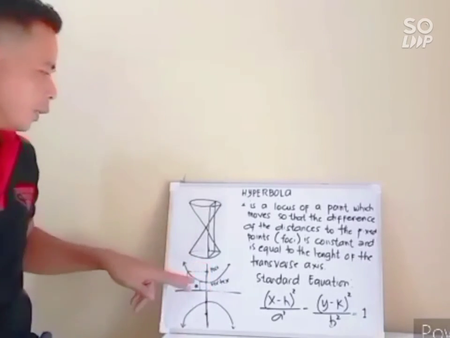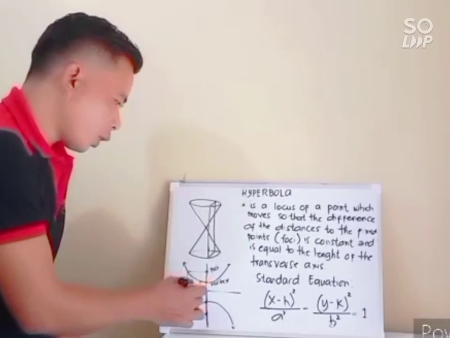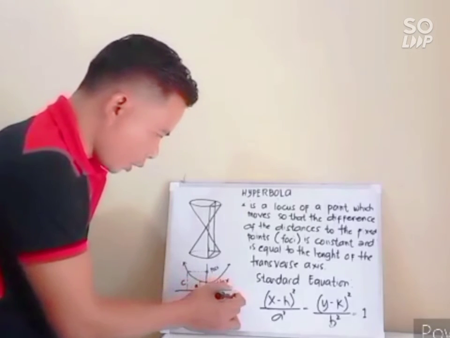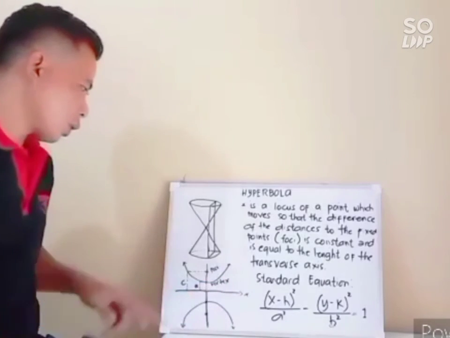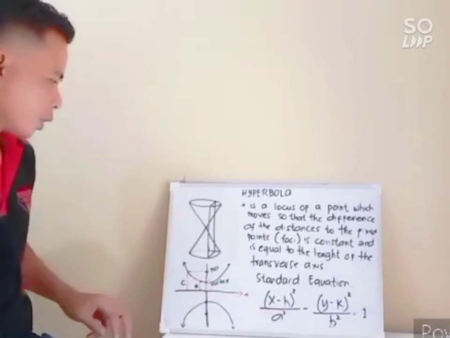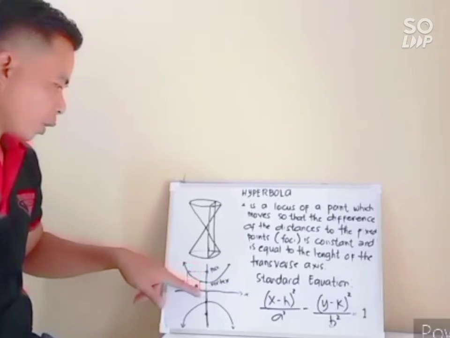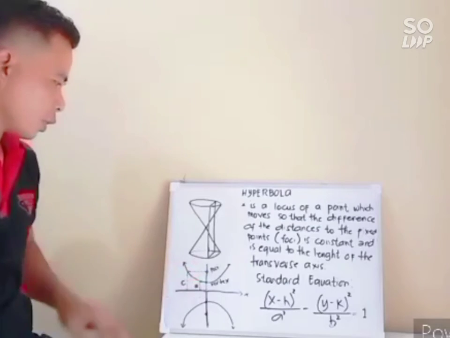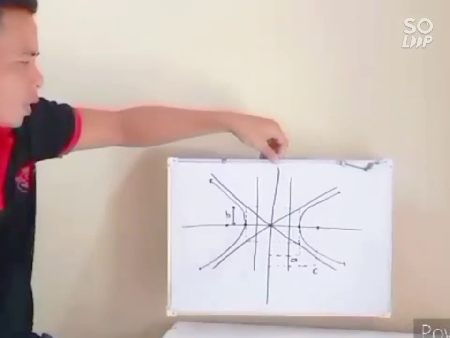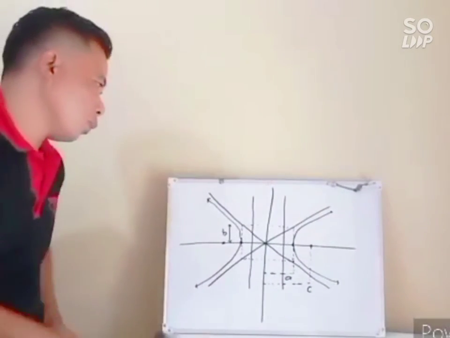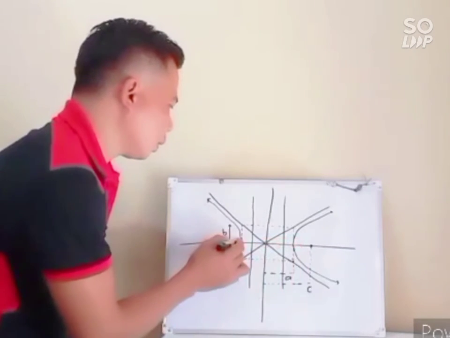So the length from the vertex of the hyperbola to the x axis, this is our A, and then from the foci to the x axis, it's our C. So we can see here in this diagram its origin, and this is the vertex of the hyperbola.